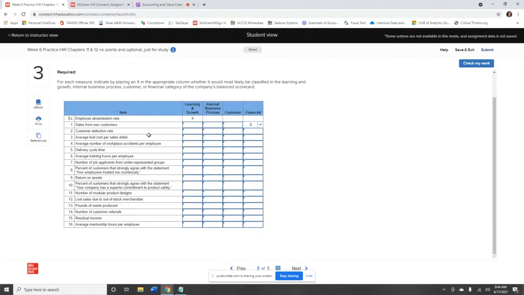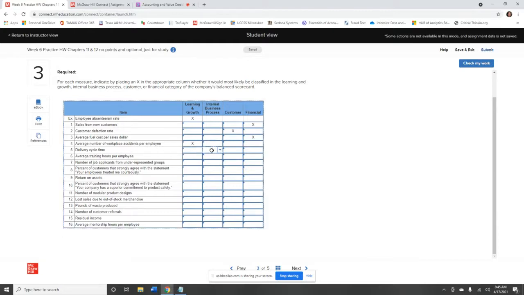Customer defection rate. That's pretty clearly a customer item, right? That's about how happy the customer is with us. Average fuel cost per dollar of sales. This is a cost and it's based on how much sales there are, so that's pretty clearly a financial metric. Average number of workplace accidents per employee. Employee related things that are not like sales per employee, that's learning and growth. You're trying to help them learn and grow and not have accidents.